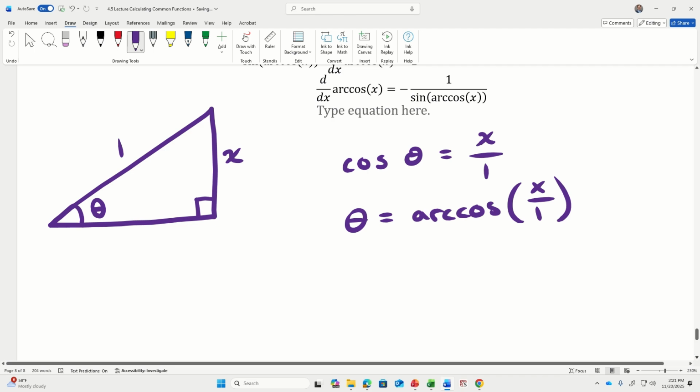Now, what I really need to know is what is sine of theta? Sorry, cosine is adjacent over hypotenuse. Thank you.